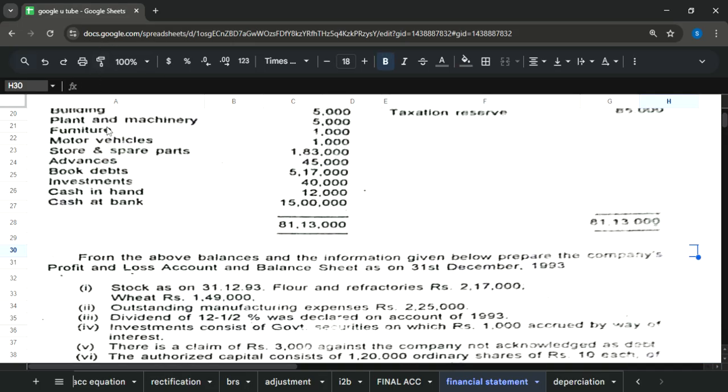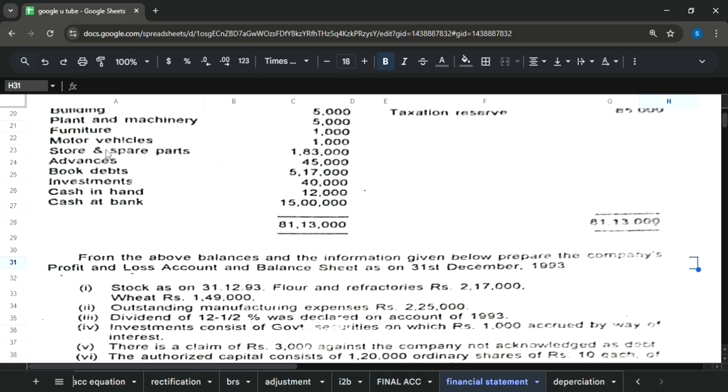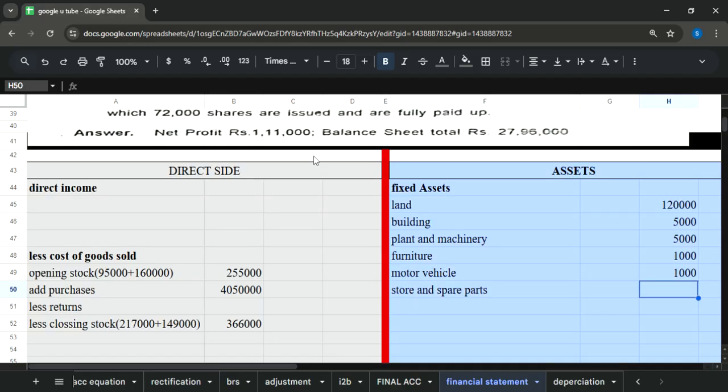After motor vehicle we have store and spare parts. This is also part of fixed asset. Store and spare parts, and amount will have to be very much careful, 183,000.